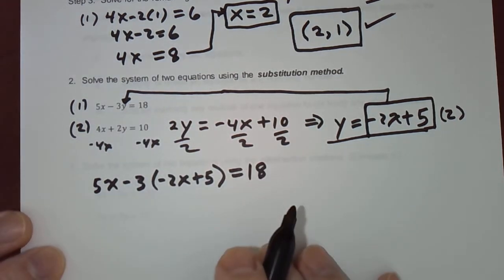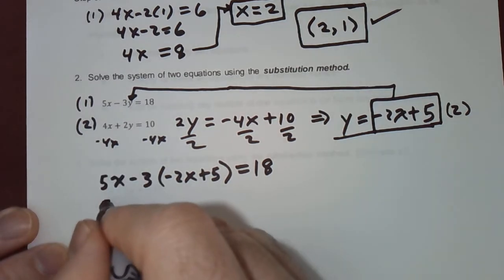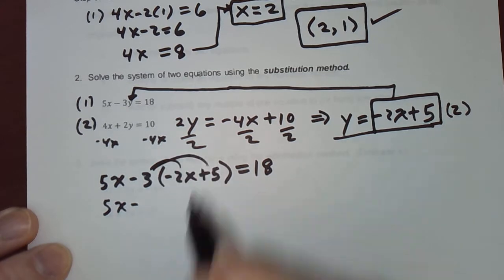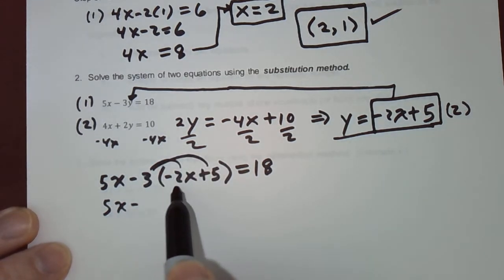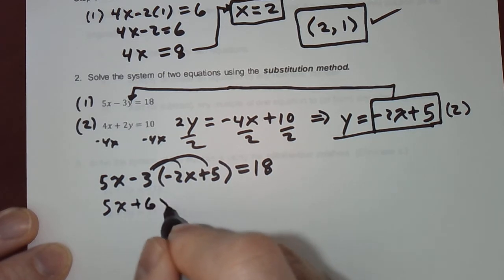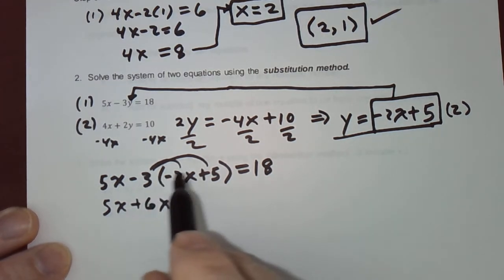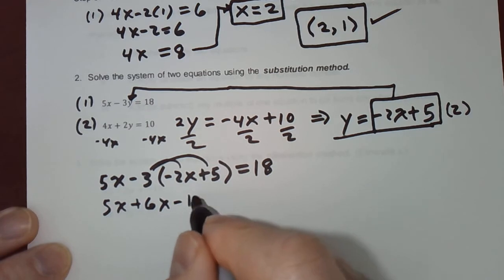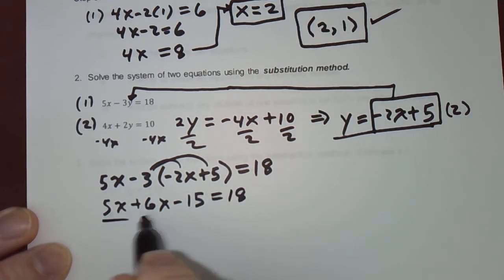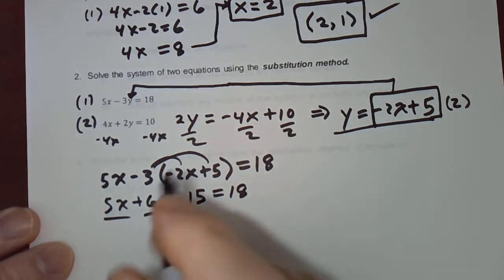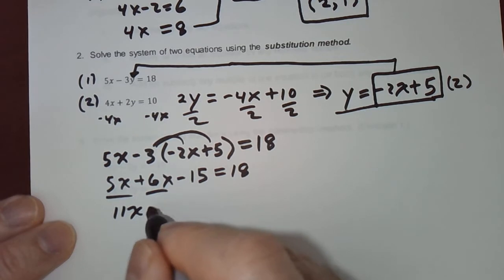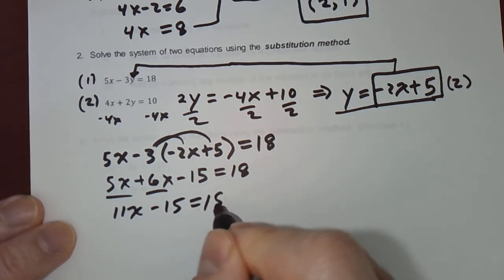So let's solve this for x. 5x minus, let's see, I'm going to distribute. So what is negative 3 times negative 2x? Turns out to be a positive 6x. Negative 3 times 5 is negative 15, equals 18. So those two like terms add up to 11x minus 15 equals 18.